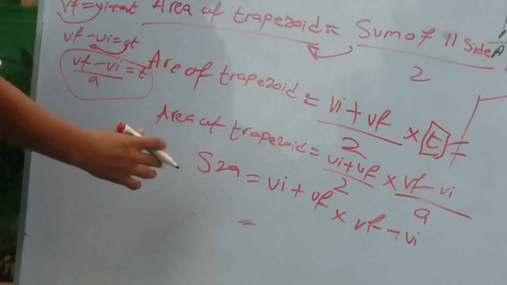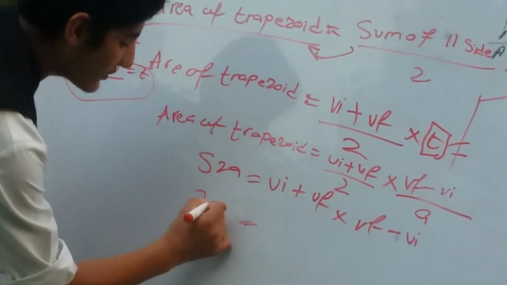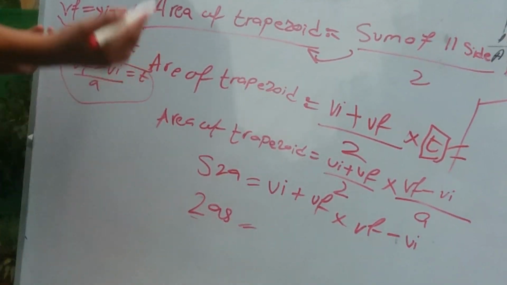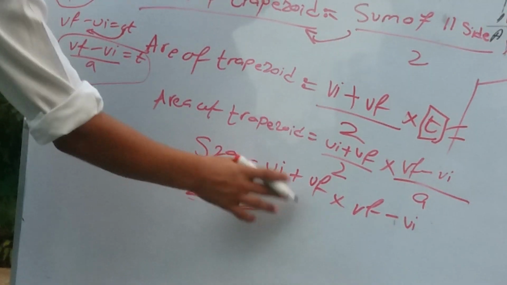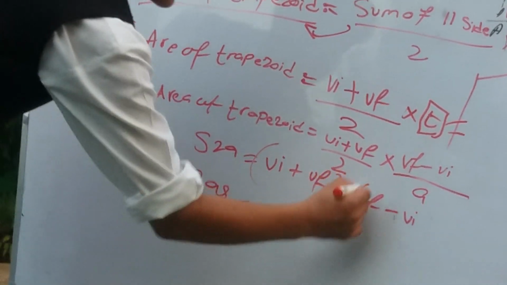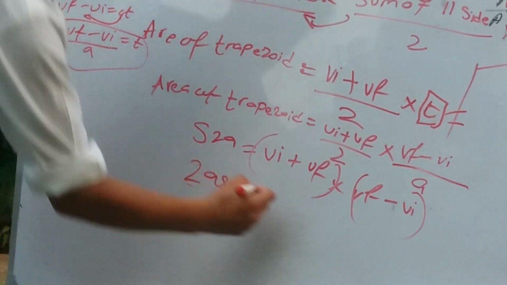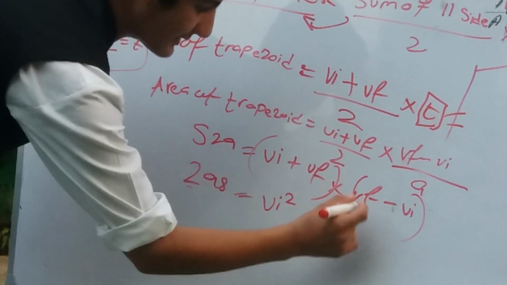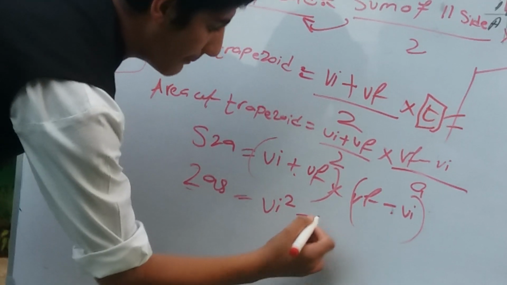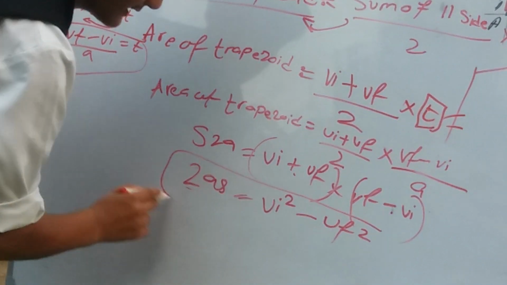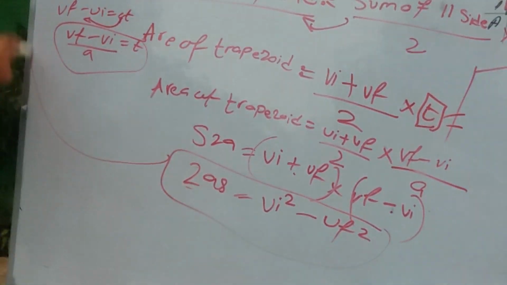We can also write 2as. Using brackets for easiness, we get Vf square minus Vi square, since the cross terms cancel. So this is the third equation of motion.